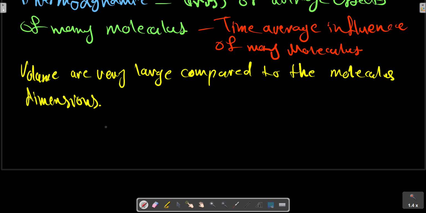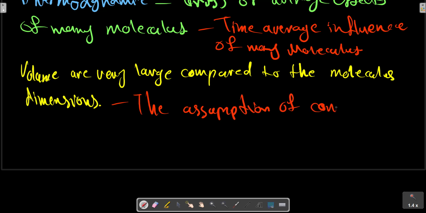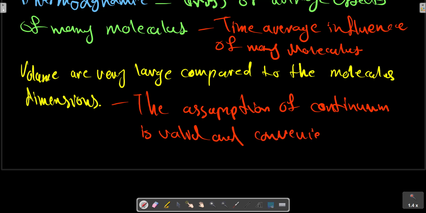In most engineering work, the assumption of a continuum is valid and convenient, going hand in hand with the macroscopic point of view.